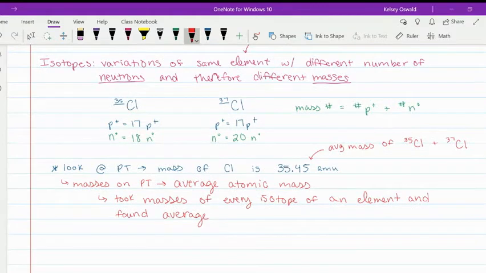All right, so I know what you're probably thinking here. 35.45 is not the average of 35 and 37. Where did this number come from? The fact is that atomic mass, that 35.45, isn't just a flat out average. It is a weighted average.